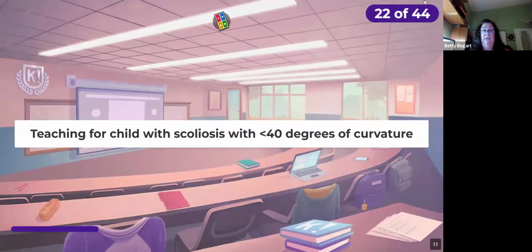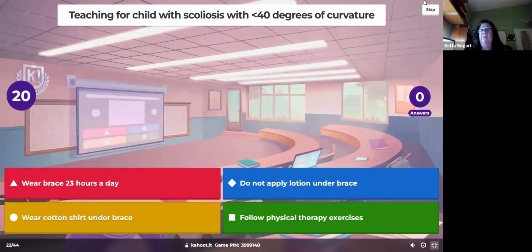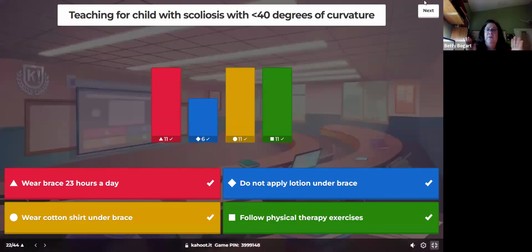Multi. Teaching for a child with scoliosis with less than 40 degrees of curvature. What are you going to teach the child? Remember, these are usually adolescents. So wear it 23 hours a day with a cotton shirt.